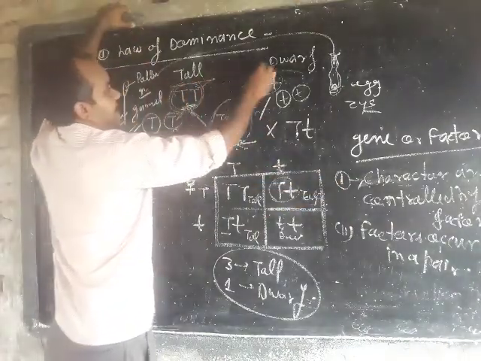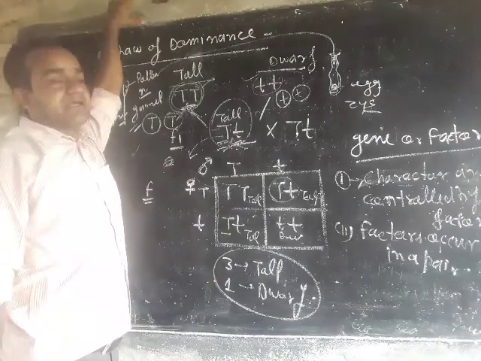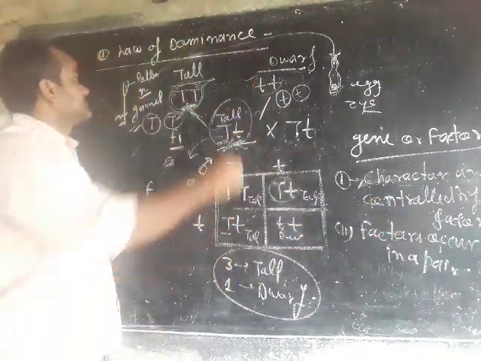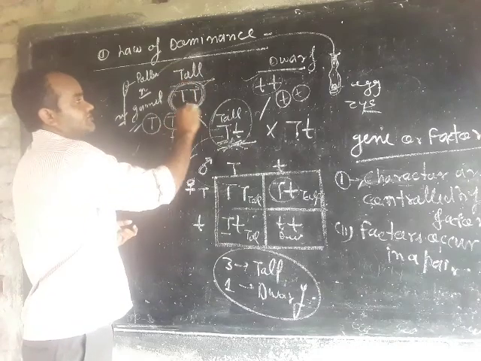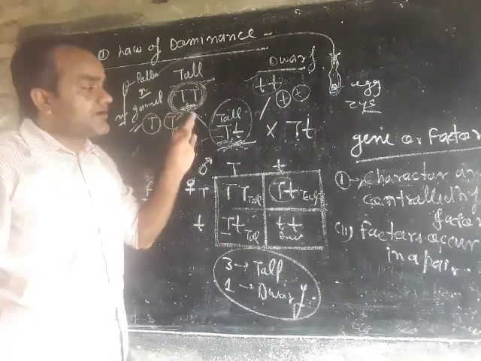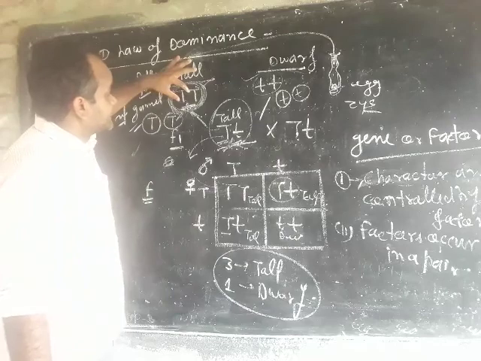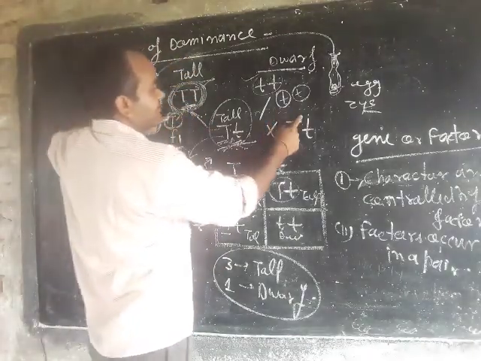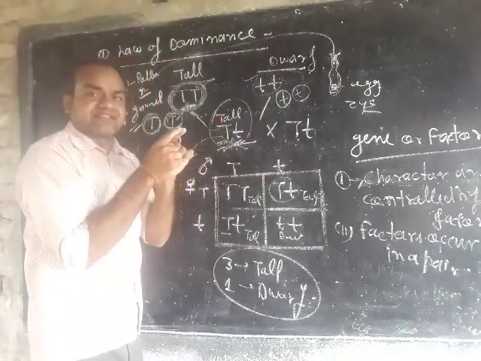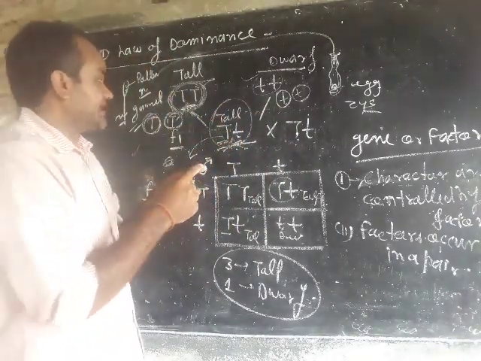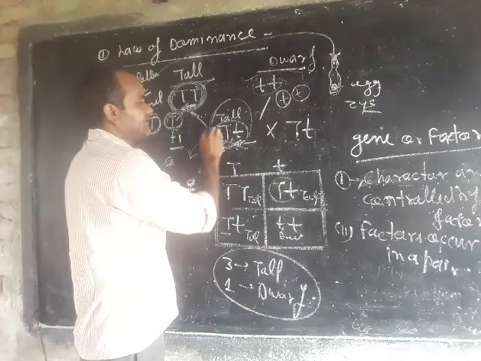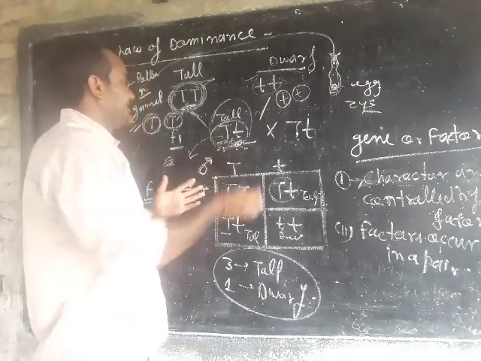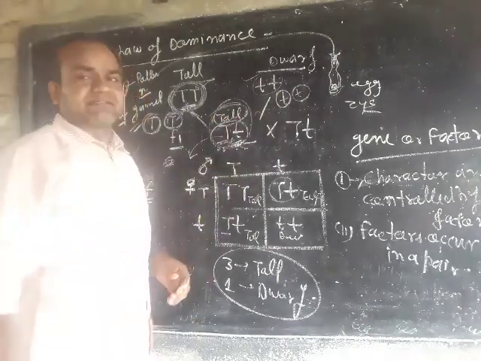Means these characters, tall and dwarf, are controlled by factors. The chromosome has factors, and these factors go into the gametes. When the gametes fuse with each other and fertilize, they form a zygote and then a seed, and this seed is phenotypically a tall seed.